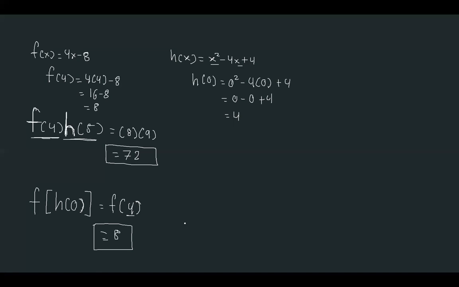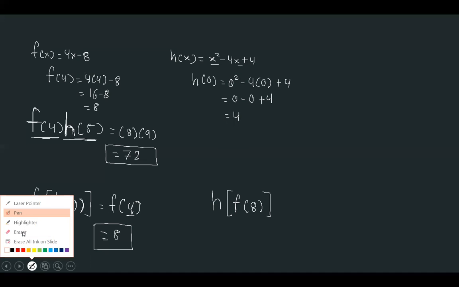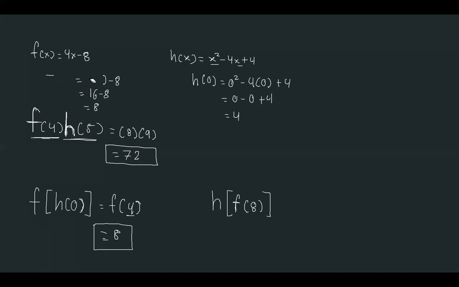That's it. Now let's switch the roles. h of f of, let's just say I'm going to use 8. Okay, f of 8. In this case, we have h of f of 8. What we're going to do first is find f of 8.